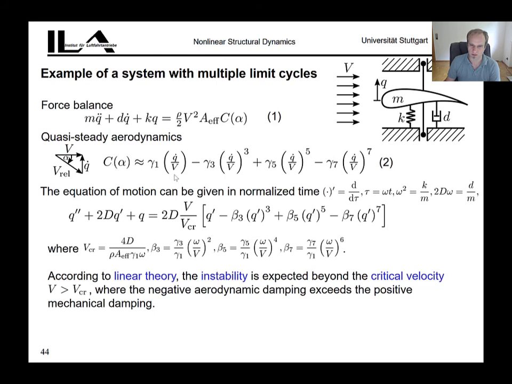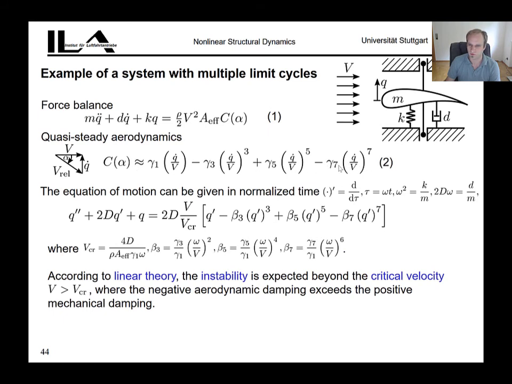So the lift coefficient is now developed further into a Taylor series, so we take into account larger velocities. Okay, so that this expression cannot be linearized anymore.